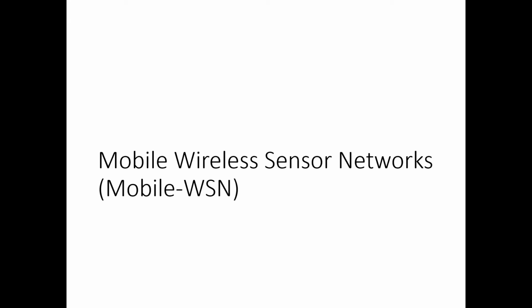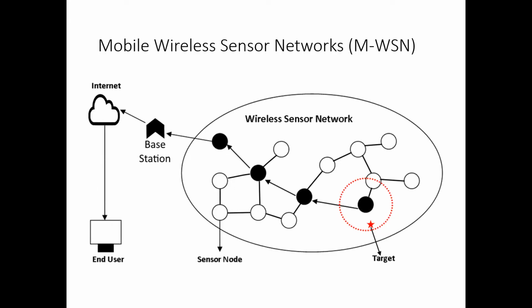Now we will give a little introduction about mobile wireless sensor networks. Here is a typical mobile wireless sensor network after deployment and dispersion. Mobile wireless sensor networks are simply wireless sensor networks, but the sensors are mobile. These sensors, for example, are mobile.